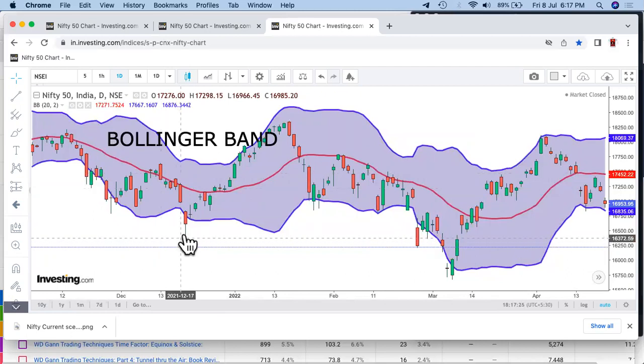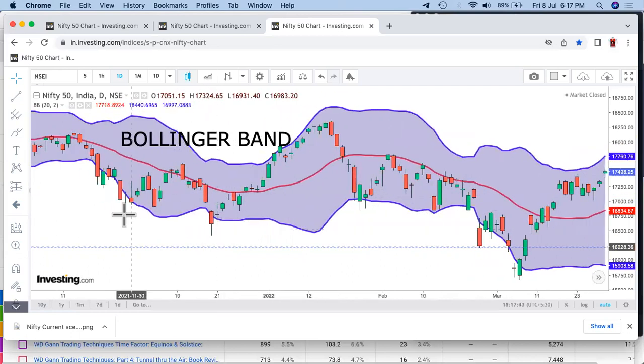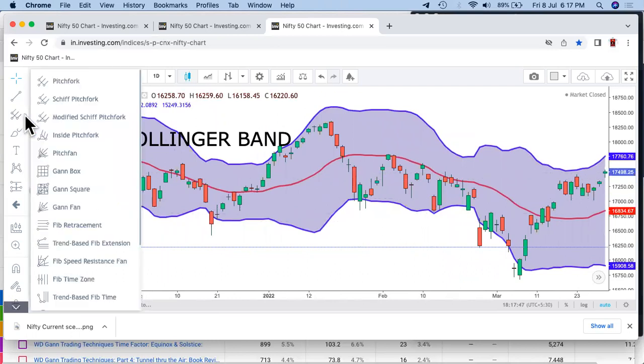For example, this candle is touching, this candle is again touching, this candle is not touching. After that, the reversal candle that you see on the reversal part is not touching. So probably you'll be able to take a trade over here. This is again in confirmation with the Fibonacci that we use.